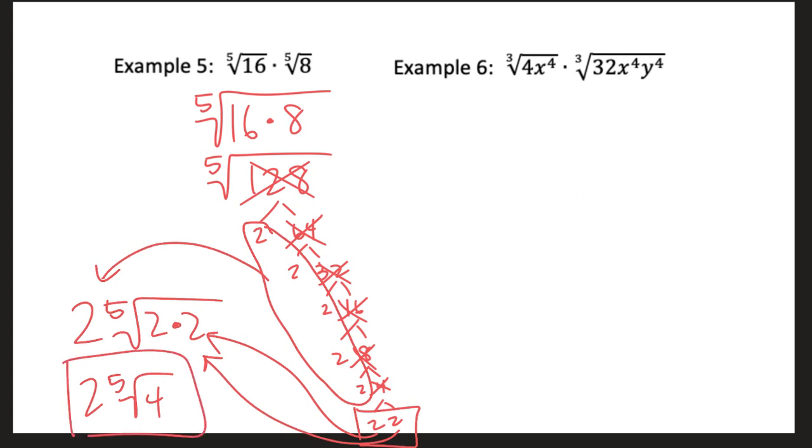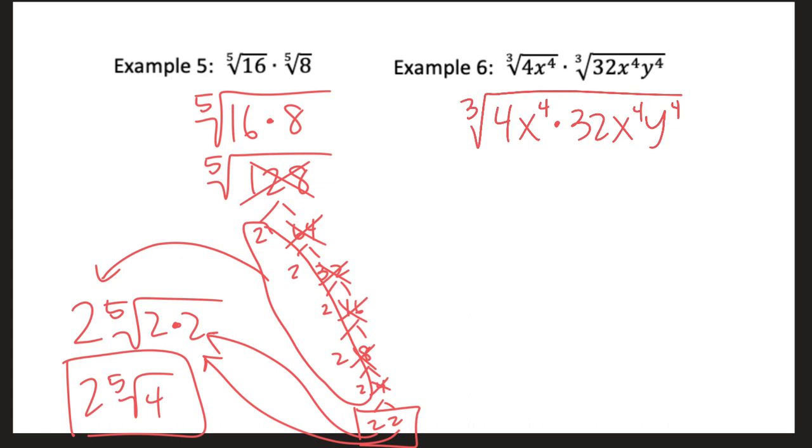All right, let's practice some more of that. We got a lot happening in this next one. Just like this one, they're the same roots, and they're being multiplied. So I'm going to put everything together underneath. If I put it all underneath, and they're multiplying times each other, we could put the x's together and the numbers together.